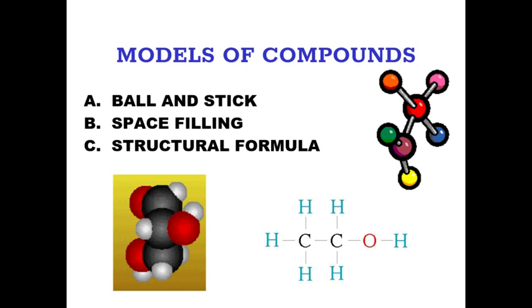It's down to the bottom right there. The structural formula actually shows the structure of the compound. So you can actually notice the difference in the chemical symbols and how they're oriented around each other. Okay, this actually helps you see a compound structure.